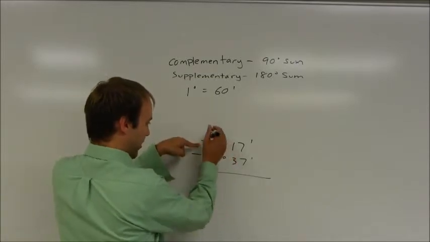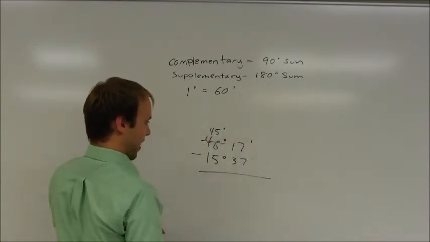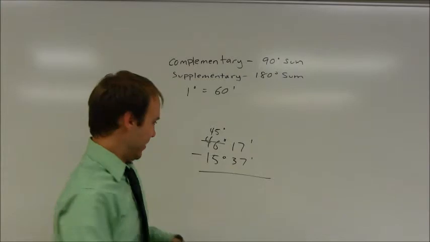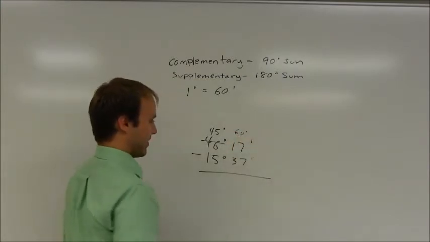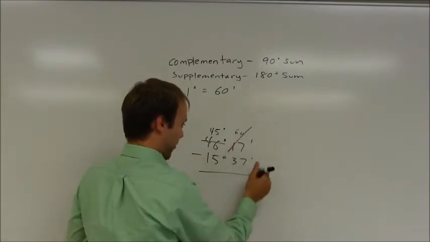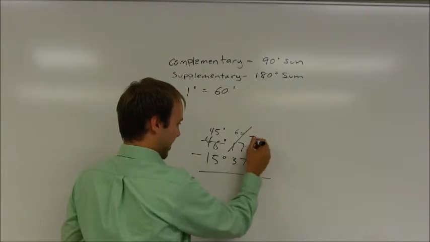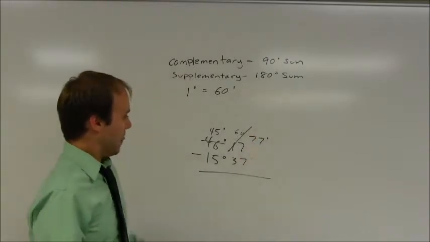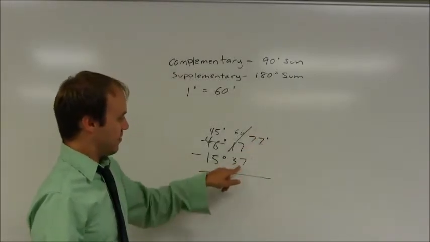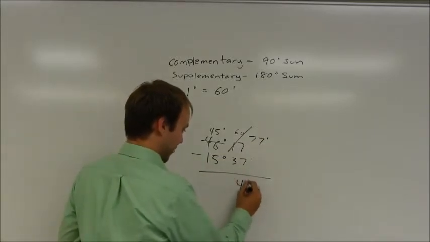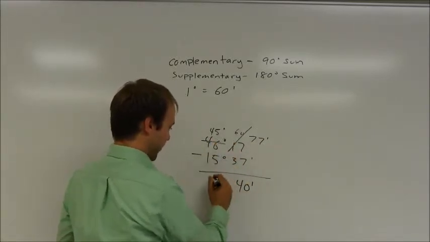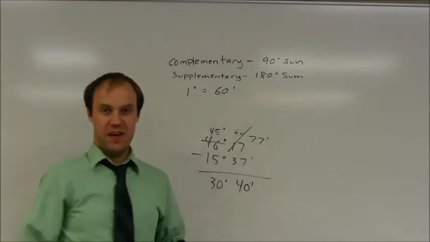I can take one of my degrees, change that into 45 degrees. 1 degree is 60 minutes. You may want to mark that out and rewrite that as 77 minutes. Now I have 77 minutes minus 37 minutes. That's 40 minutes. 45 minus 15 is 30, and then you have that value.